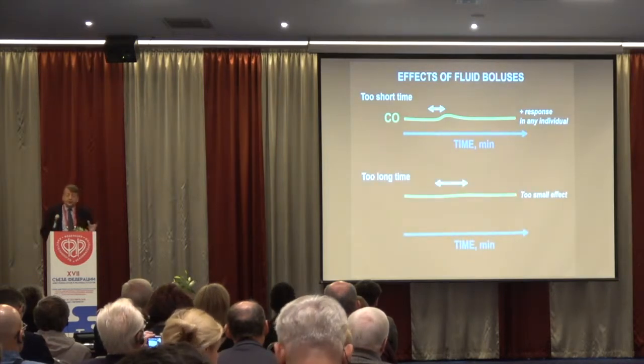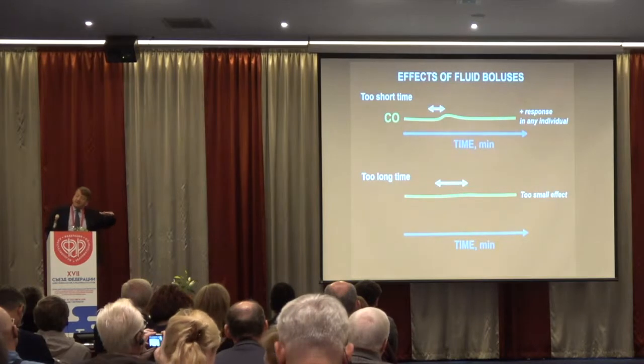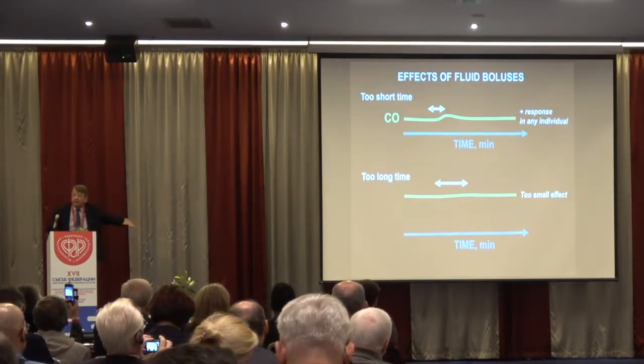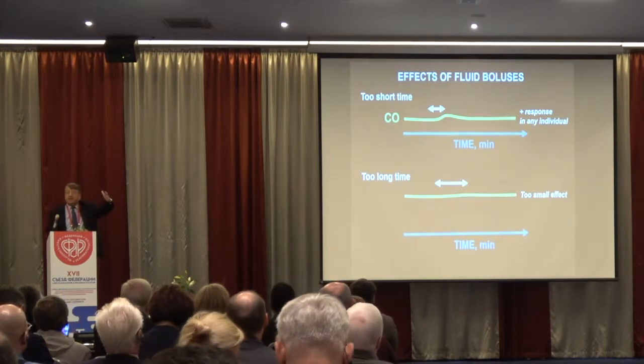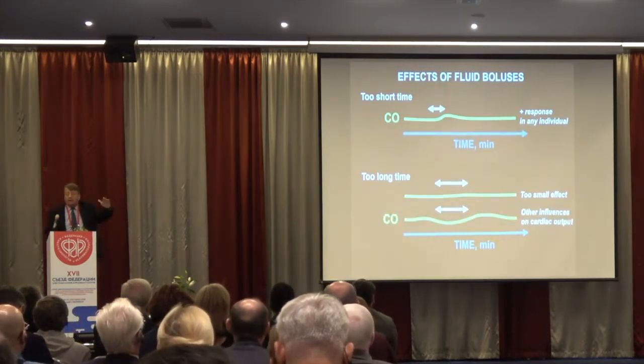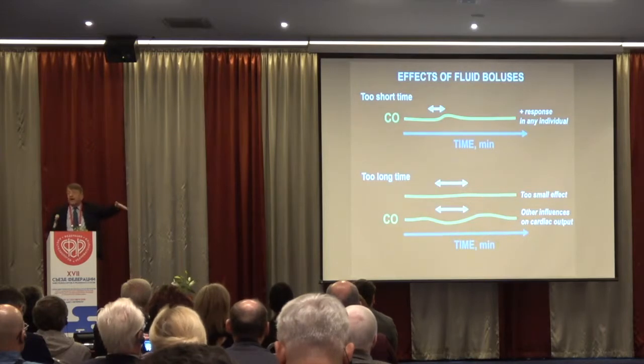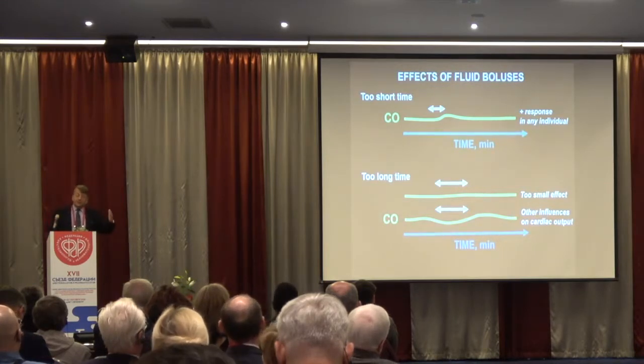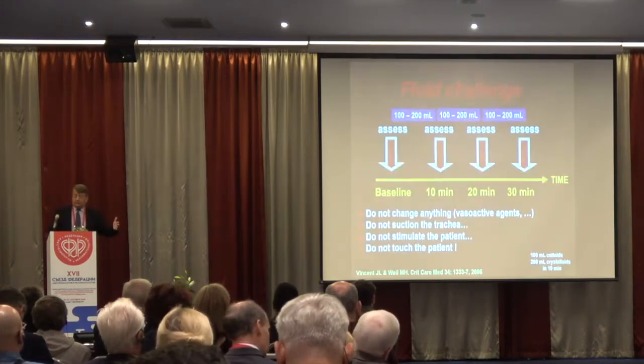And if you give it too slowly, the effect may be too slow to visualize anything. If you give 100 cc's in half an hour, there may be other influences on cardiac output. So cardiac output may fluctuate, and you don't know if it's due to fluids or something else.